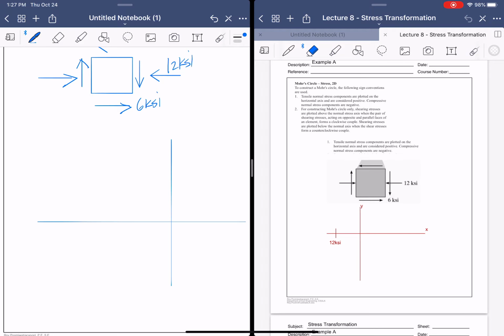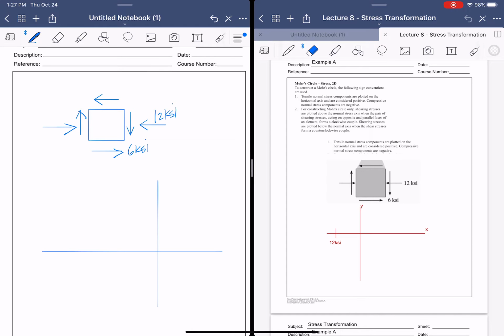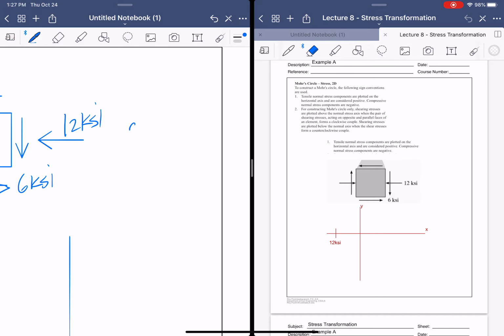And we're going to be asked to draw the Mohr circle. So we'll draw the Mohr circle first. And so when we do that, we want to label what we have. Well, we have sigma x, sigma y, and we have tau x, y. Those are our 3.